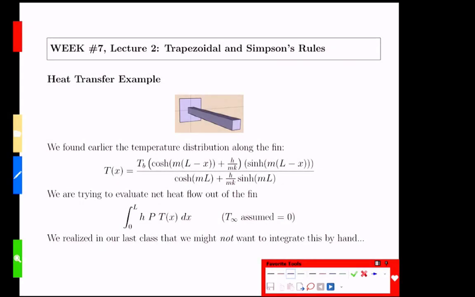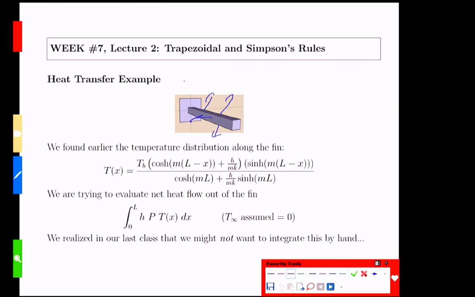We were looking at integration as something that we might need to do in some problems, and the application that I was trying to motivate here was how much heat can you predict is going to be radiated off, or how quickly is energy dissipated by a cooling fin like this.